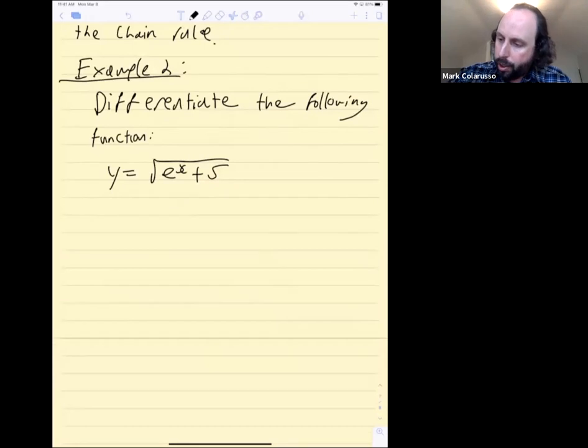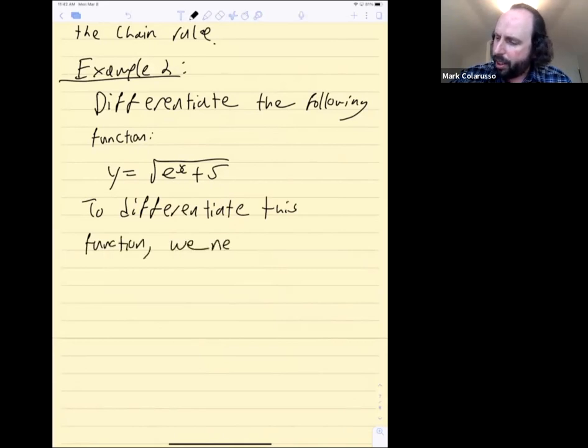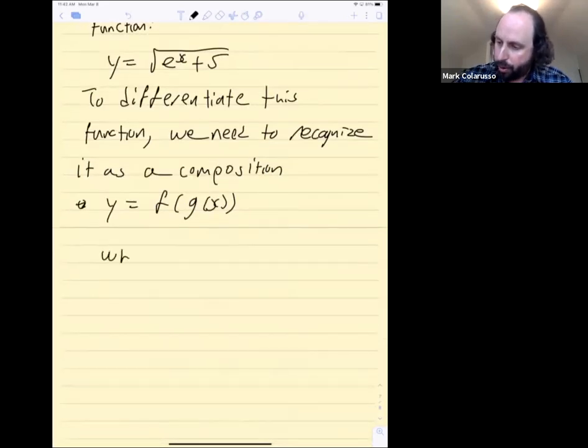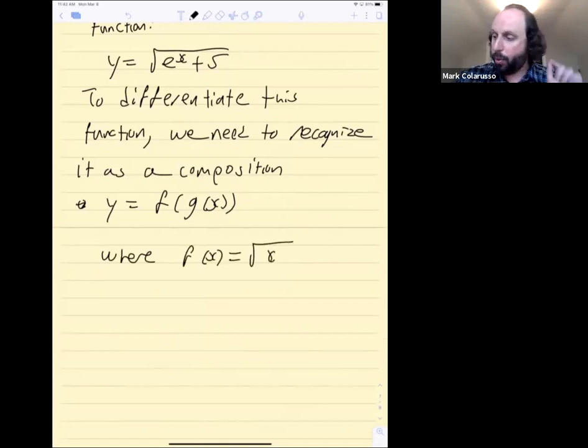So to differentiate this function, we need to recognize it as a composition, y equals f of g of x, where the outermost function, f of x, is the last thing you do to compute this function, which is take the square root, right?